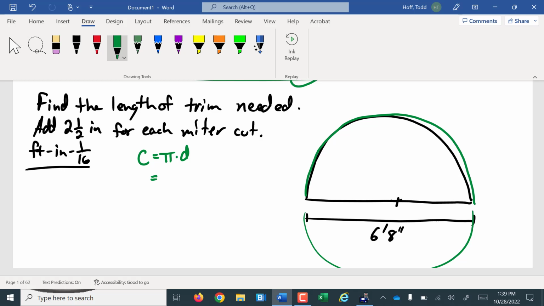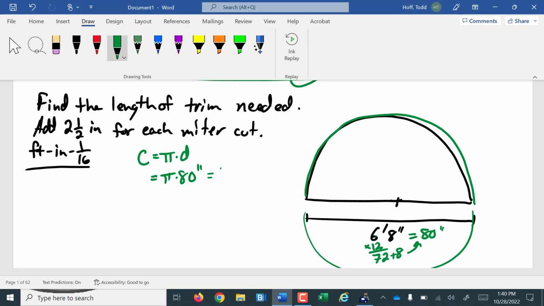So 6 feet 8 inches is going to be how many inches? Well, 6 times 12 is 72 plus the 8, 80 inches. So that circumference is going to be pi times 80 inches.